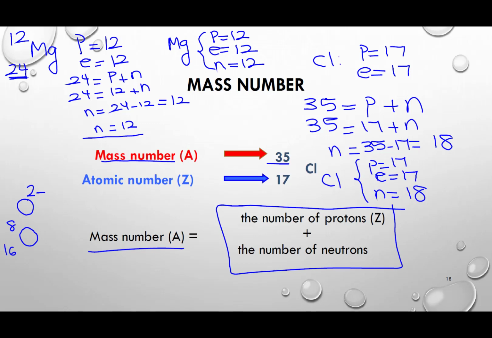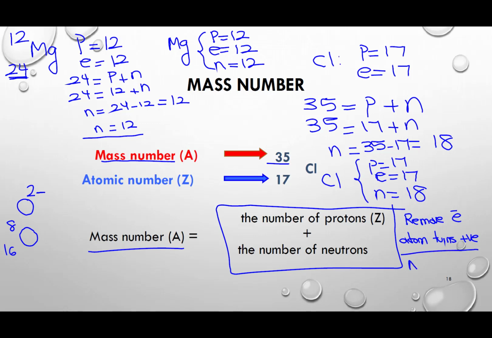If you remove an electron, your atom turns positive. Why? Because electrons are negatively charged species. Then you are removing the negative charge, so your atom turns more positive.